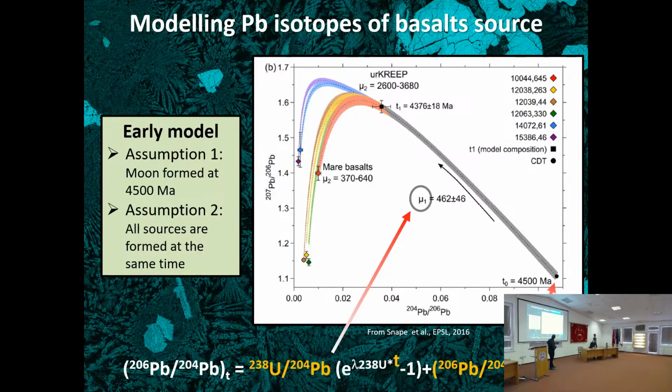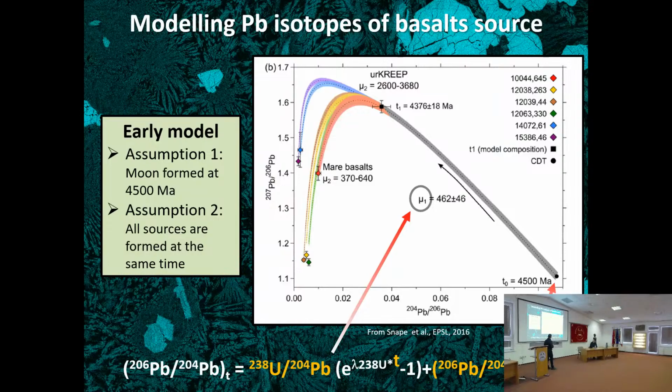And then we have, at some point, at 3376 million years, differentiation of the different sources for the different lunar basalts.